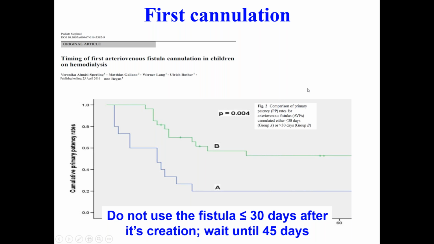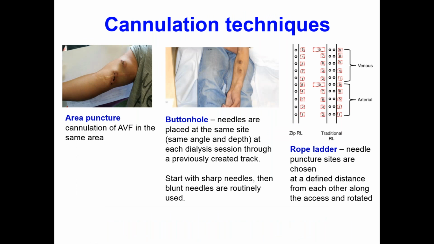The techniques for cannulation are 3 different types. An area puncture, so cannulation within the same region or same area on the vein. A buttonhole technique, where needles are placed at exactly the same site and exactly the same angle and depth at each dialysis session, and ideally with the same nurse or the same person doing it, so that the continuity and the consistency is there.